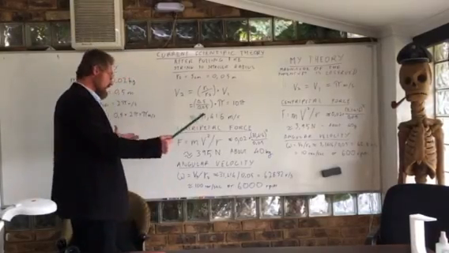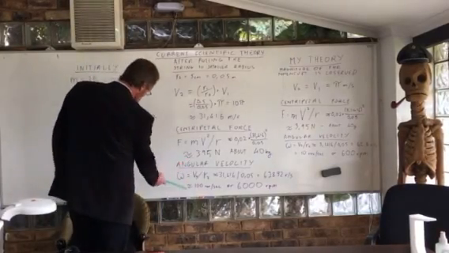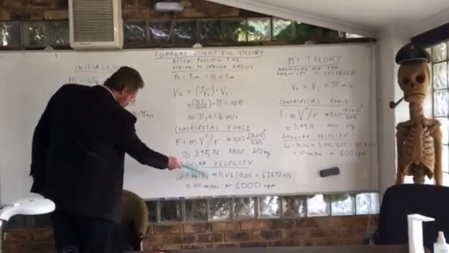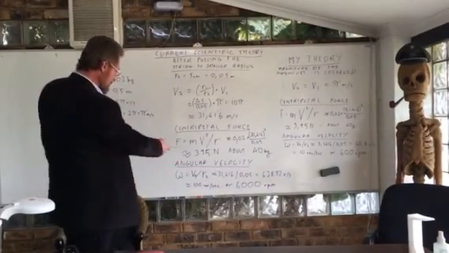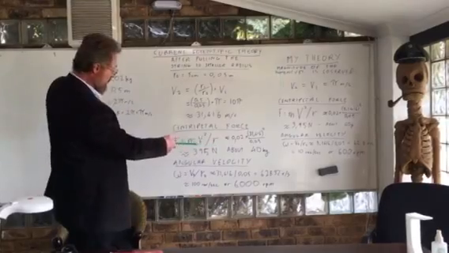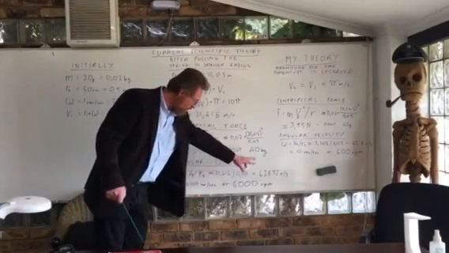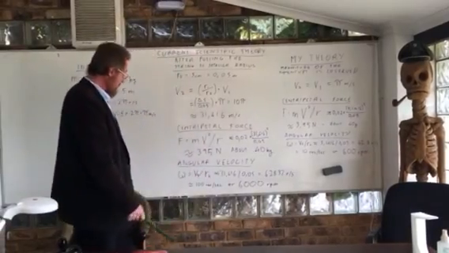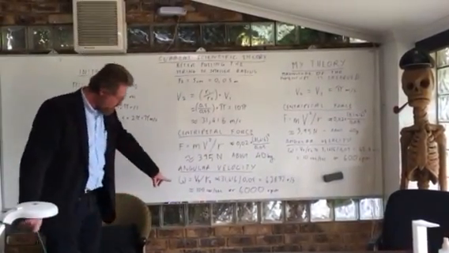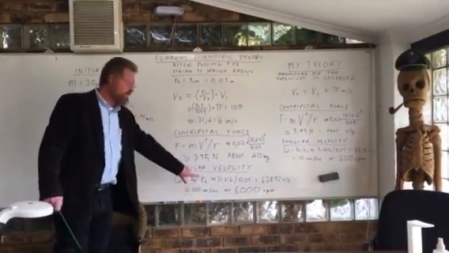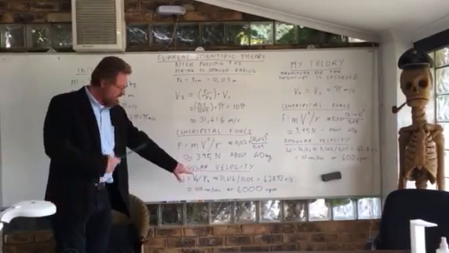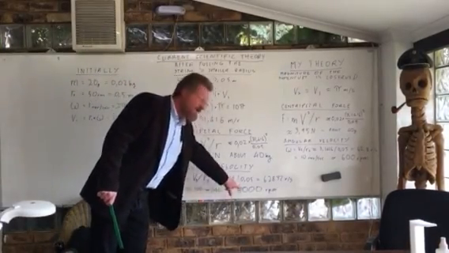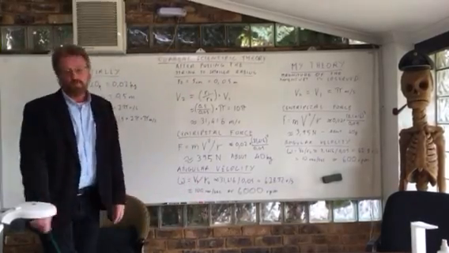And the angular velocity is omega equals V2 over R2 equals 31.416 over 0.05, which is 628.32 radians per second, which is the equivalent of 100 revolutions per second.